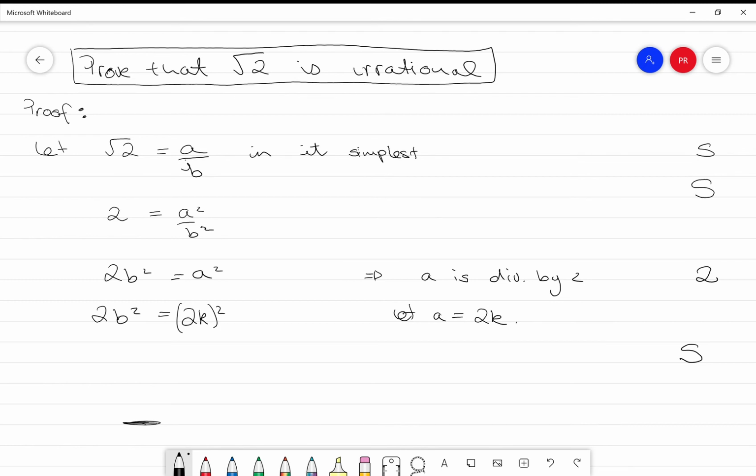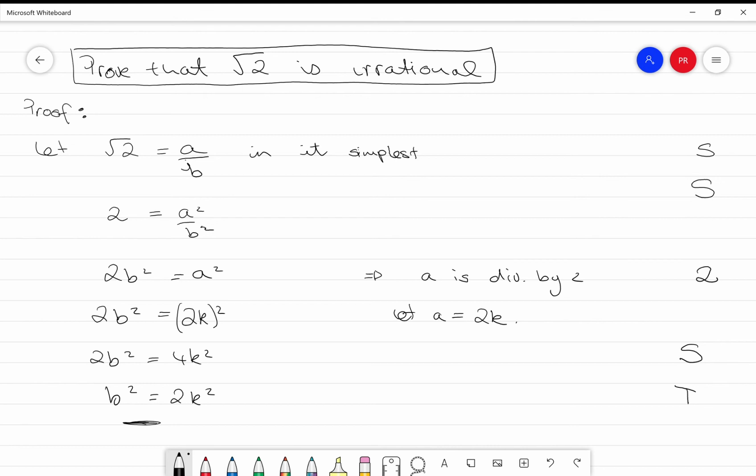So we square this out again, and we get 2b squared is equal to 4k squared. I'm going to put in t now for tidy. I can tidy this up a bit by dividing by 2, so I get b squared is equal to 2k squared.